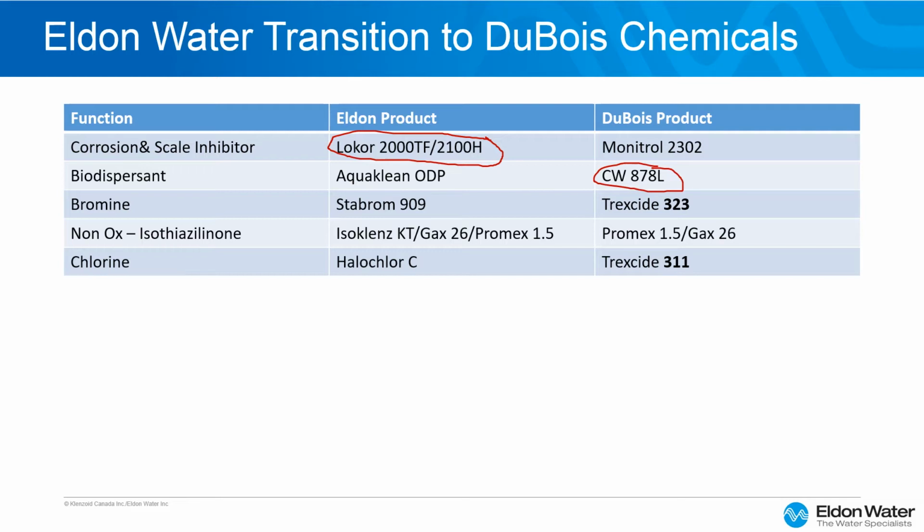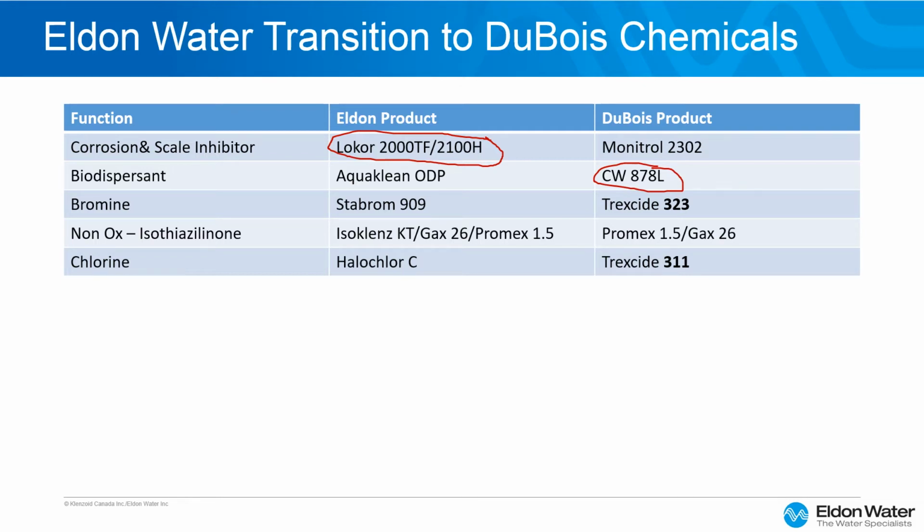Non-ox or isothiazolone. I think, folks, this one's been the difficult one because the last year, March, that plant explosion really put a dent in the supply line for this chemical. And COVID-19 did it no favors either with some of the trade being shut down.